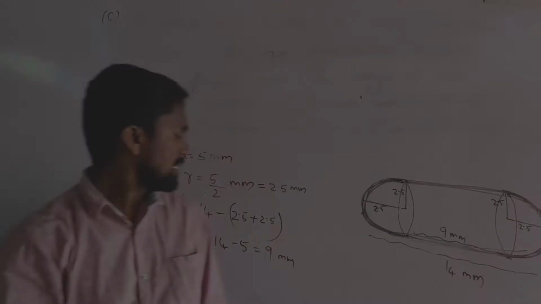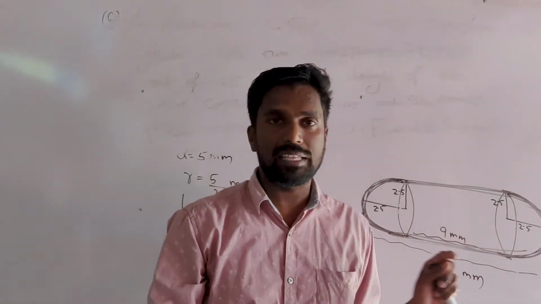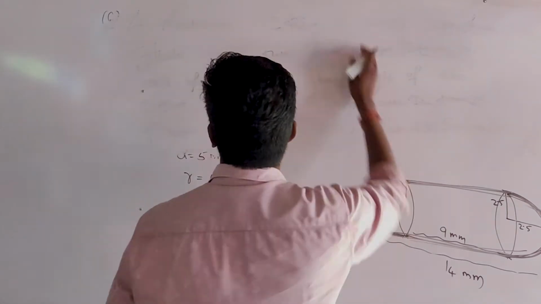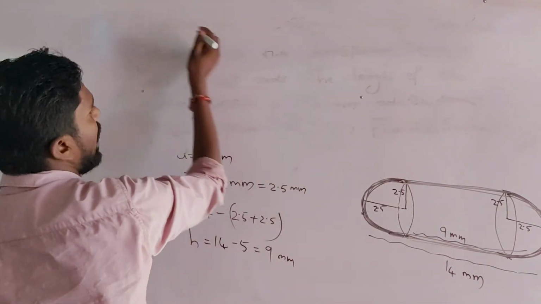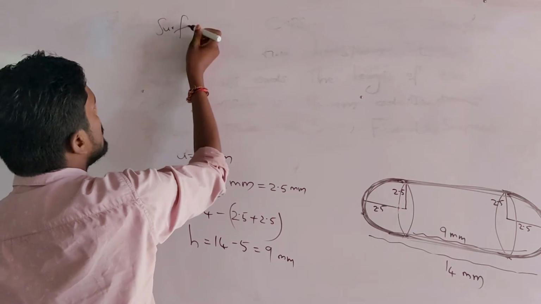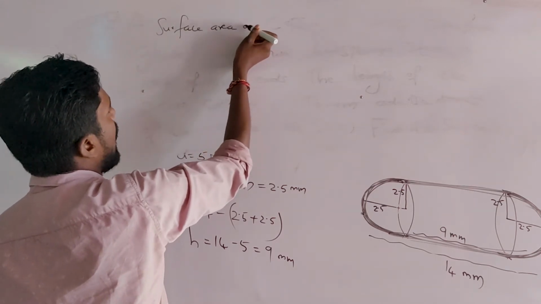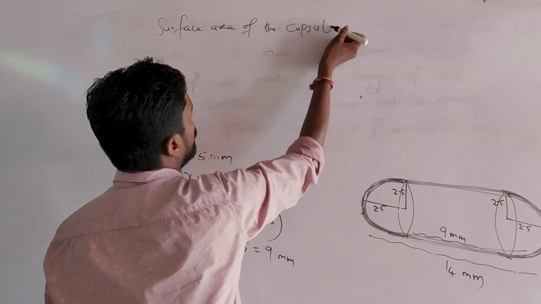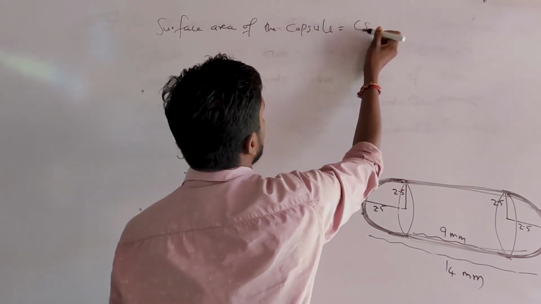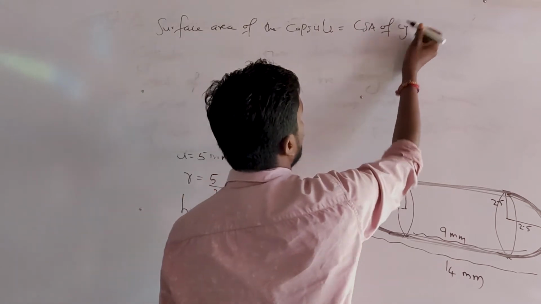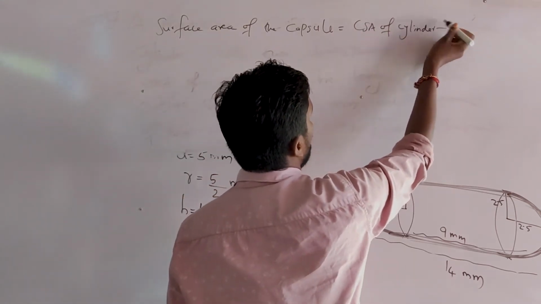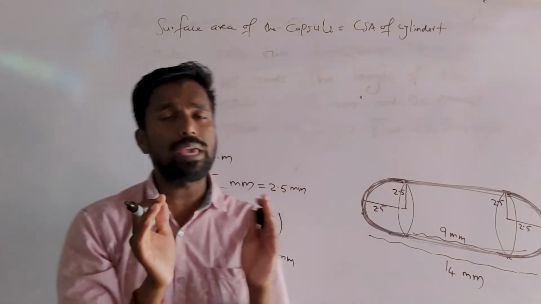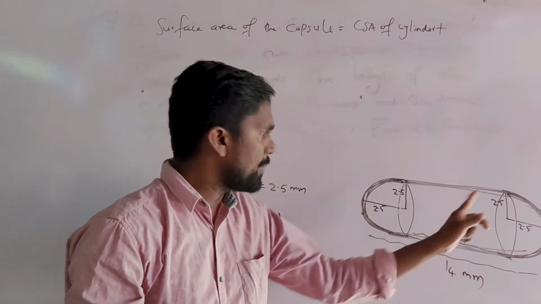So, surface area of the capsule. We have to find out surface area of the capsule. Surface area of the capsule is equal to CSA of cylinder plus 2 hemisphere CSA.